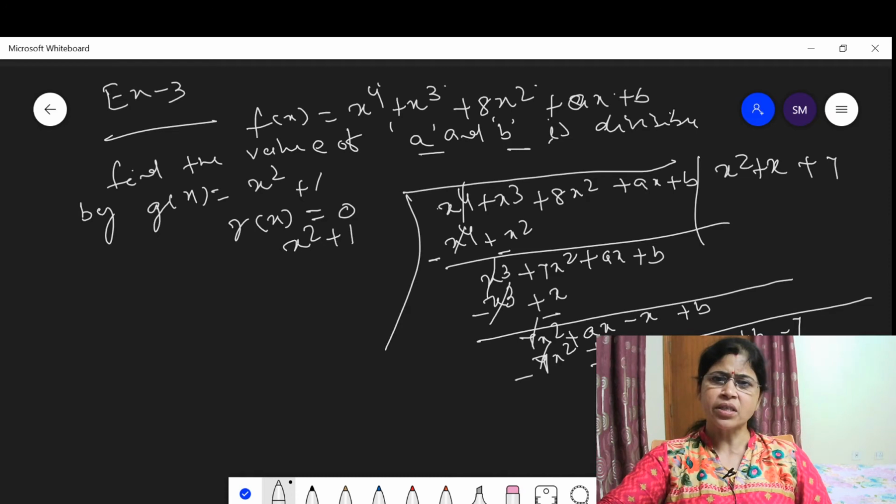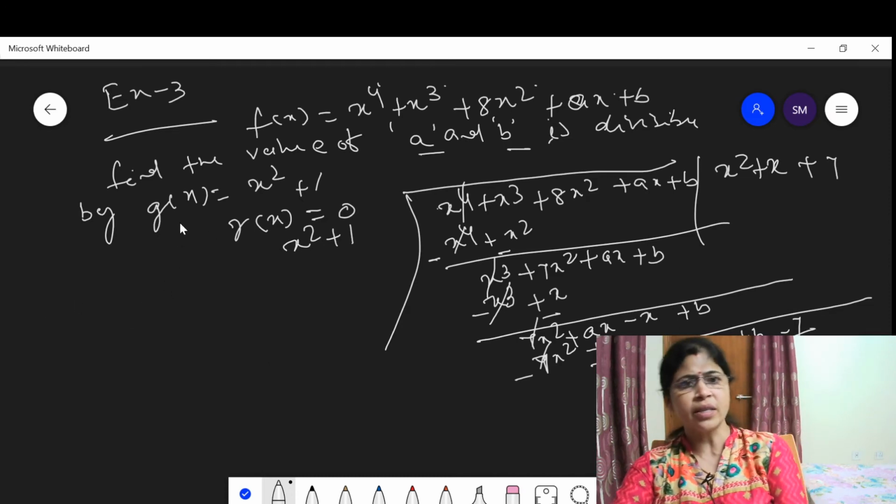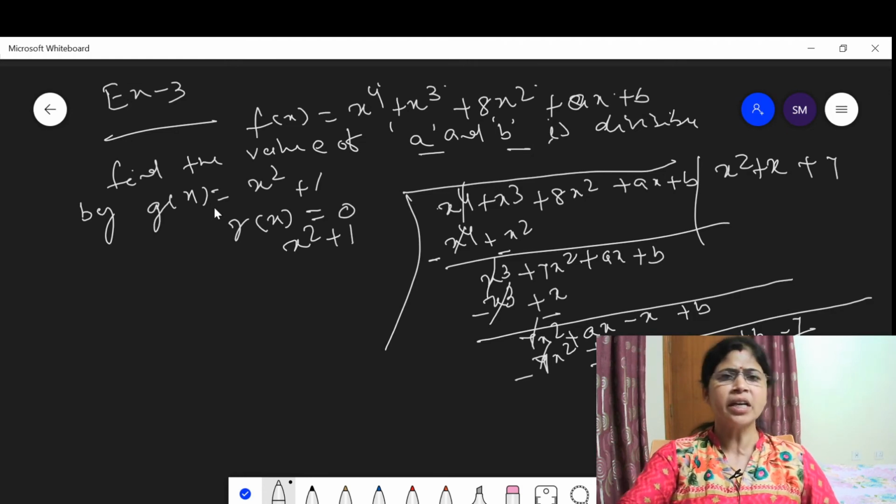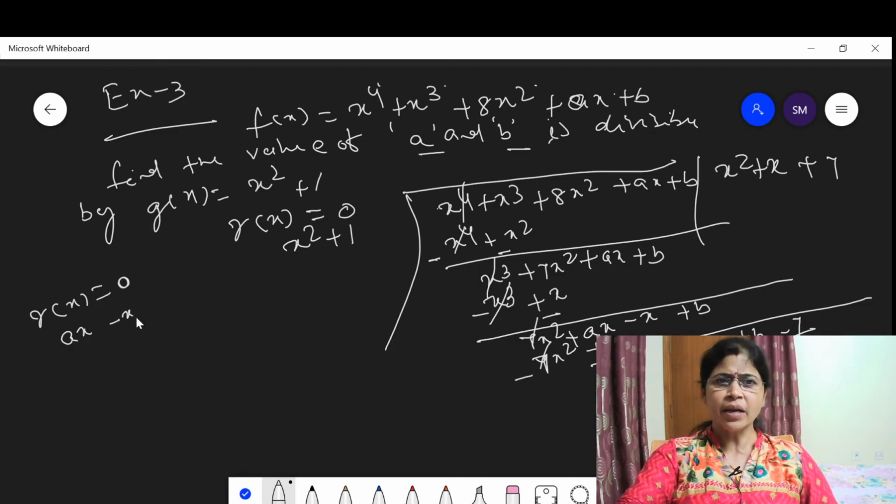Here this is the remainder, and according to the question, f(x) is completely divisible by g(x). This shows that r(x) is equal to 0. This means ax minus x plus b minus 7 is equal to 0.